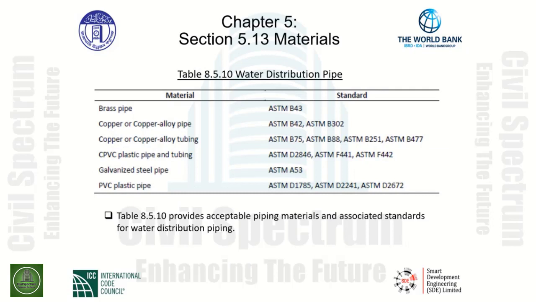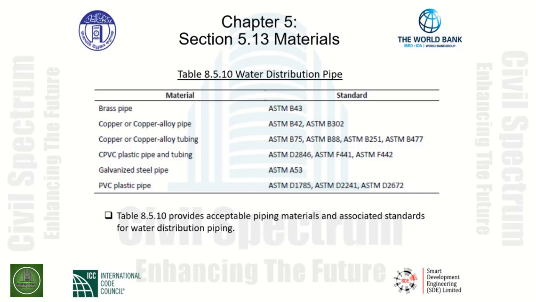Our first table that we will analyze is for water distribution pipe. Table 8.5.10. The left-hand side of the table gives us the materials for water distribution pipe.